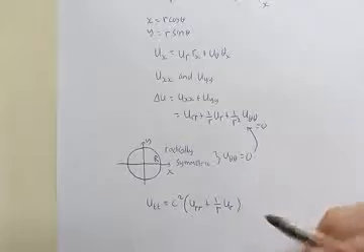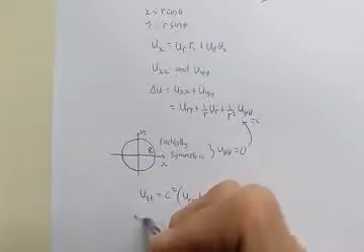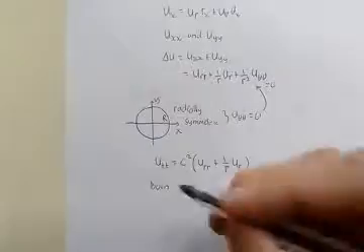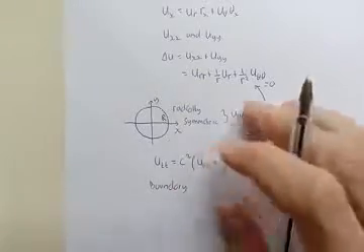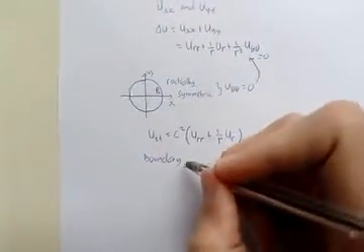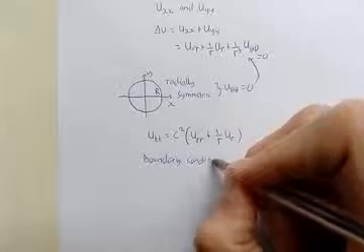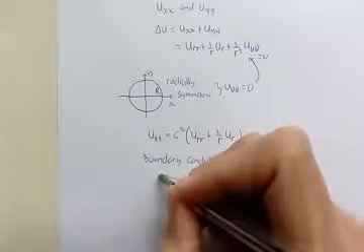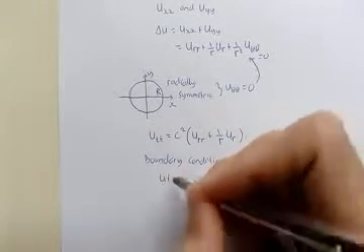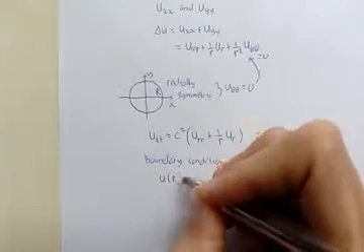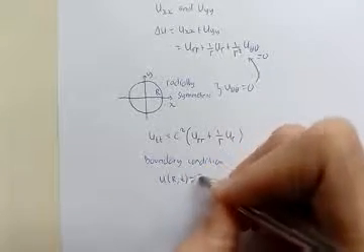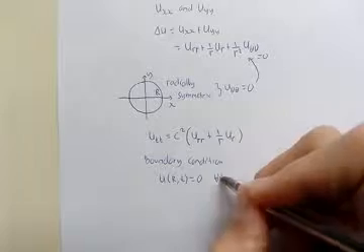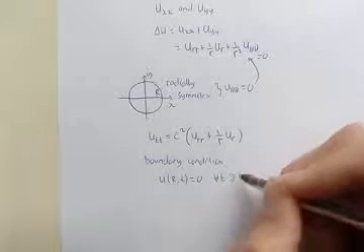Okay, and the boundary condition: when r equals capital R, the boundary, u will be 0 for all t non-negative.